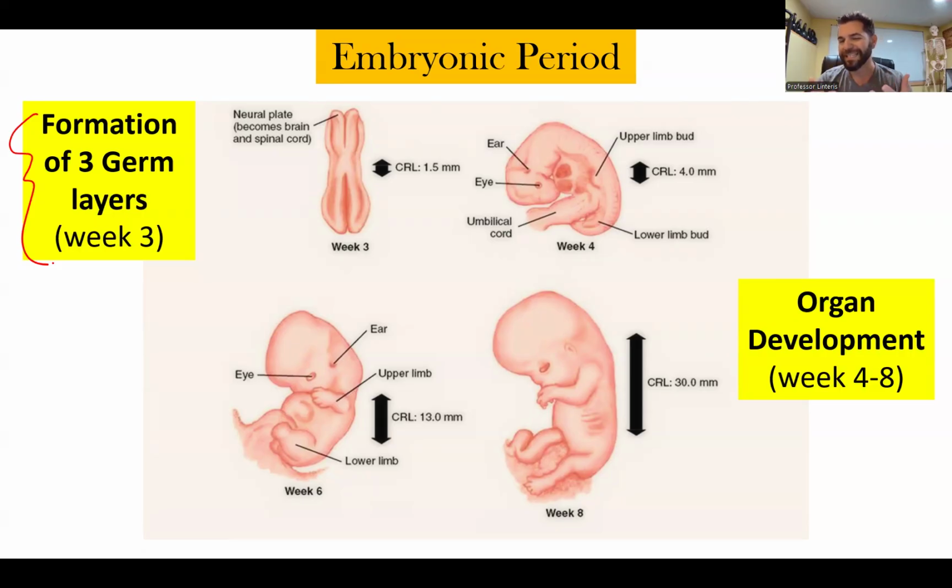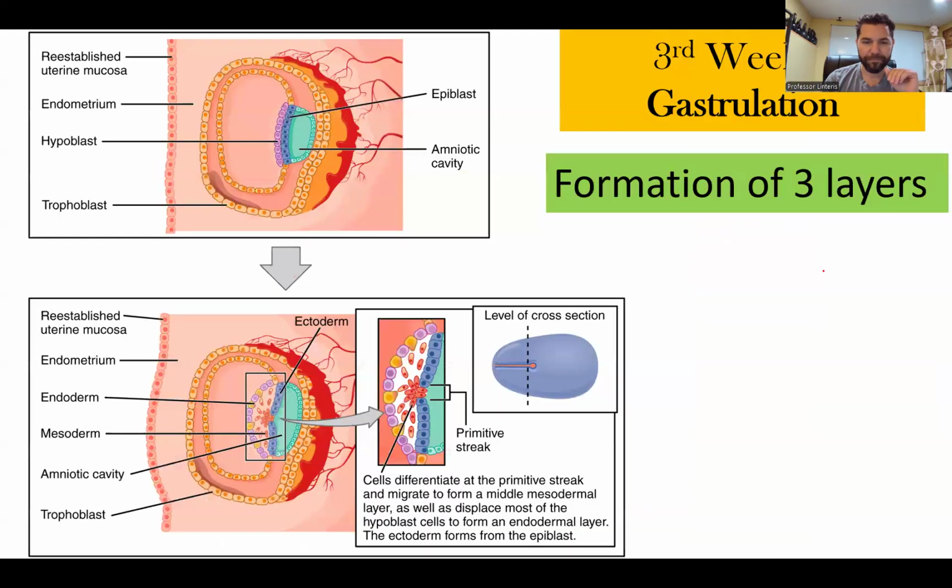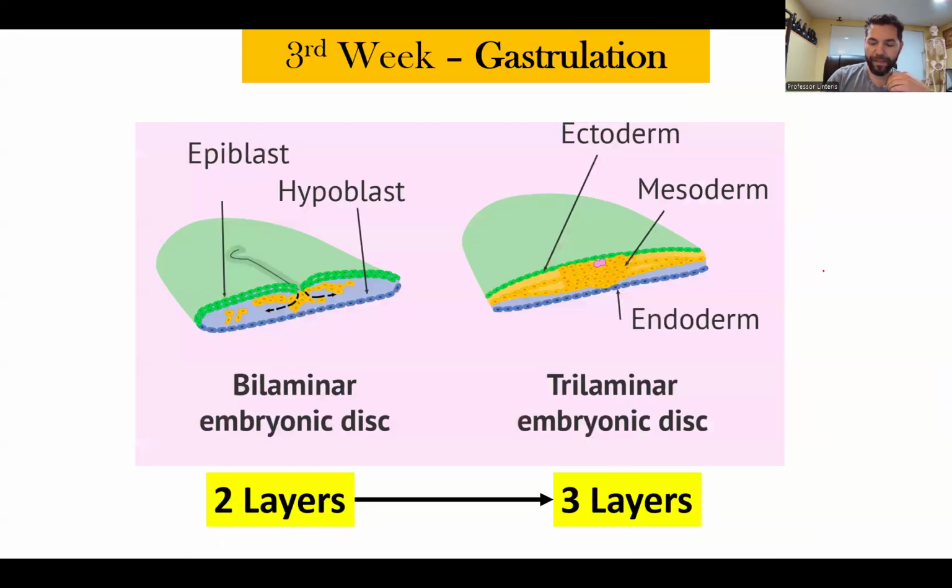We start to see at that 4 to 8 week period, we start to see organ development, right? You can see eye, ear buds. You can see limb formation a little bit. So we start to see, going back to the other one, right? The epiblast, we talked about that. The formation of the 3 layers.